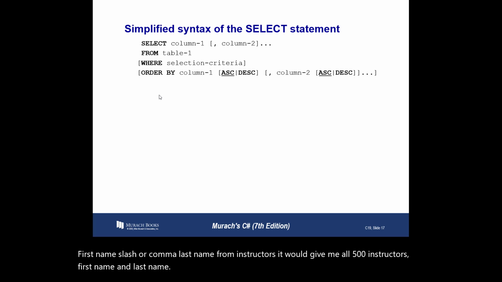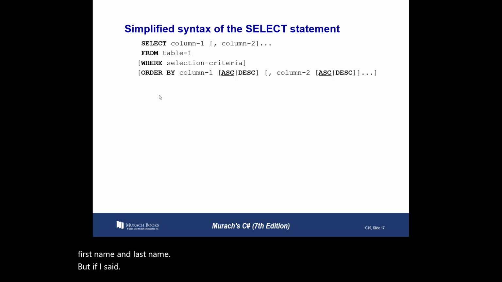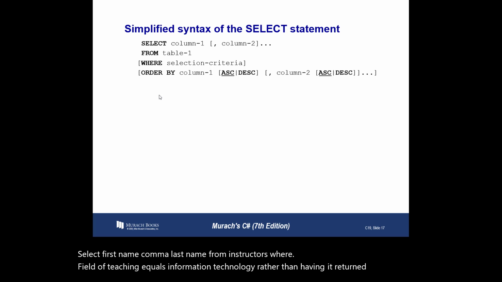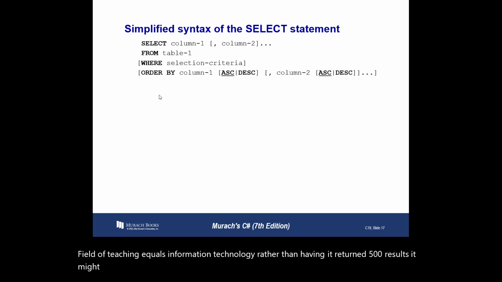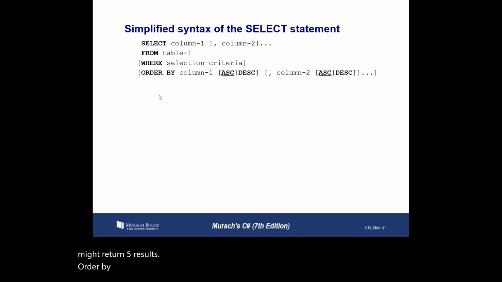But if I said select first name, last name from instructors where field of teaching equals information technology, rather than having it return 500 results, it might return 5 results. Order by is done for putting things in ascending or descending order.